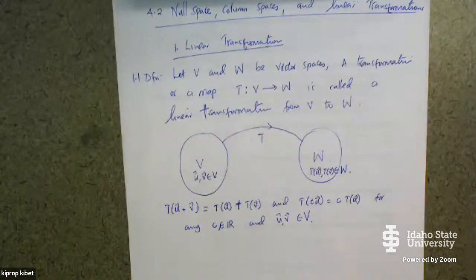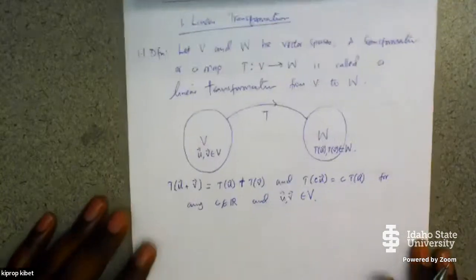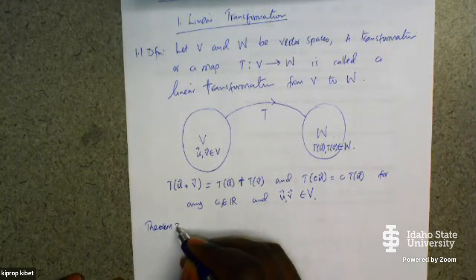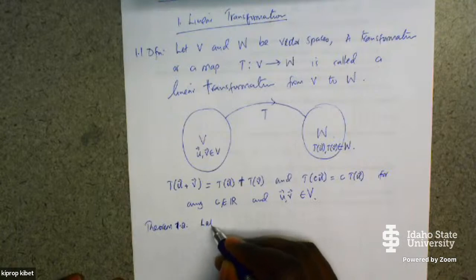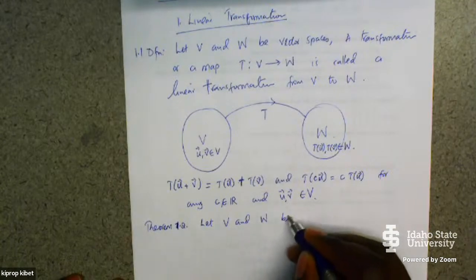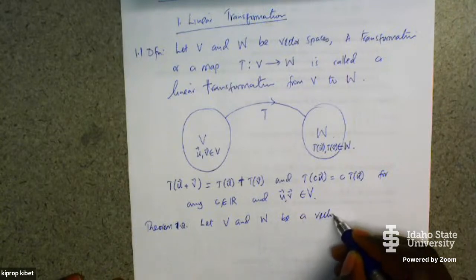So we can combine this one and this one, and this combination takes us to this theorem, which is theorem 1.2. Let V and W be vector spaces.